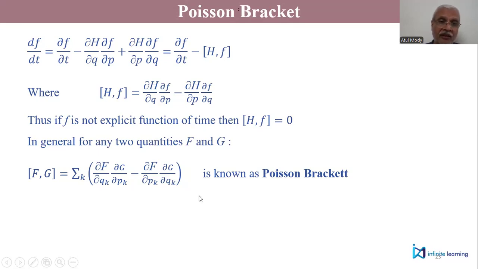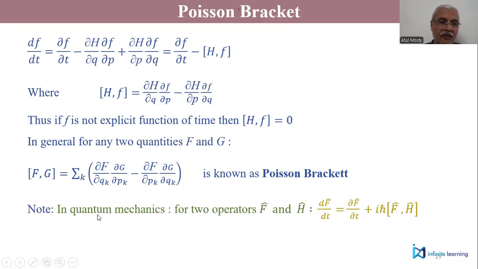That should be kept in mind, because normally we don't deal with problems with a large number of variables, but if there are more than one, then one has to be careful. So the first function is differentiated with respect to coordinates, the second function with respect to momentum, minus the first function with respect to momentum, the second with respect to coordinate.